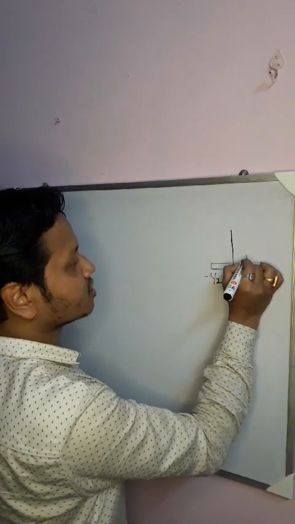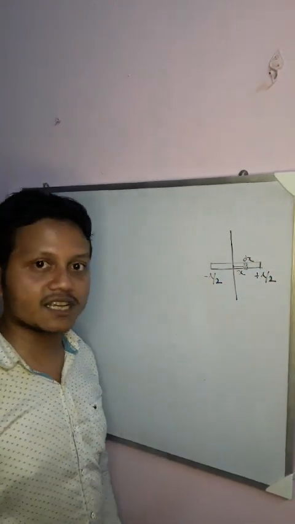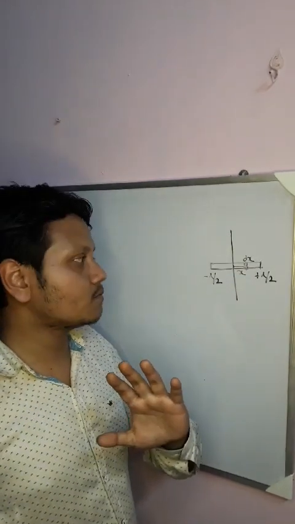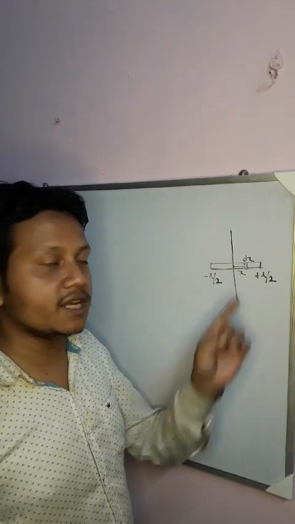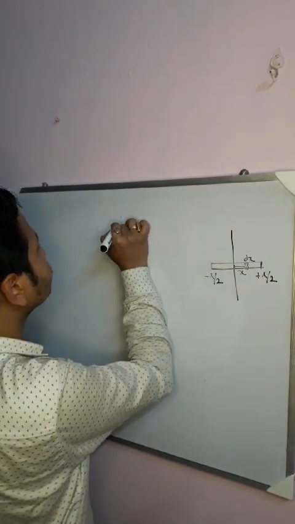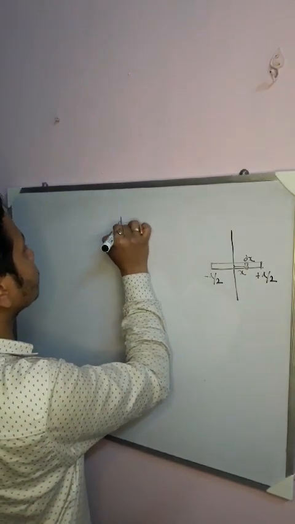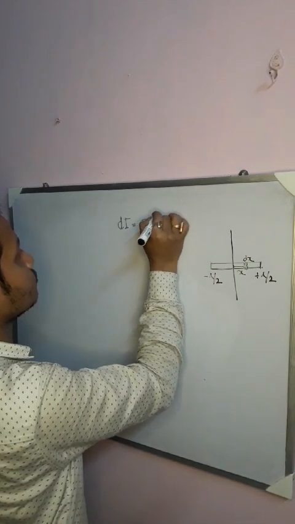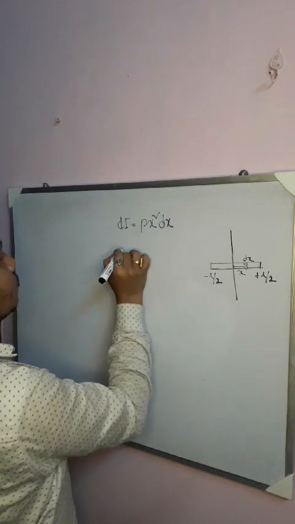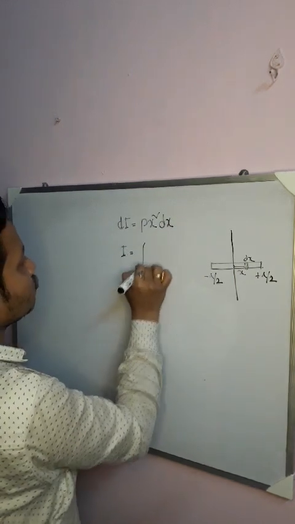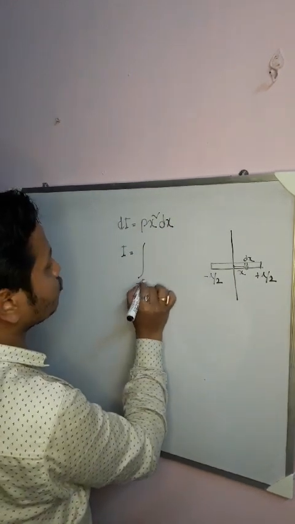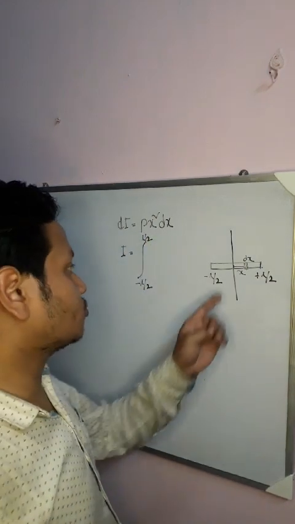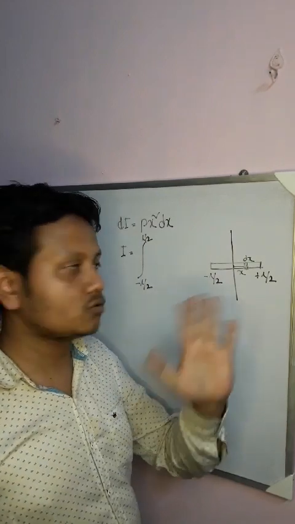We take a small strip of width dx at a distance x. The moment of inertia due to the small strip is dI equals rho x square dx, as we found. Now we integrate this expression within the limits minus L by 2 to plus L by 2, because the axis has been changed and passes through the center of gravity, perpendicular to the plane of the rod.